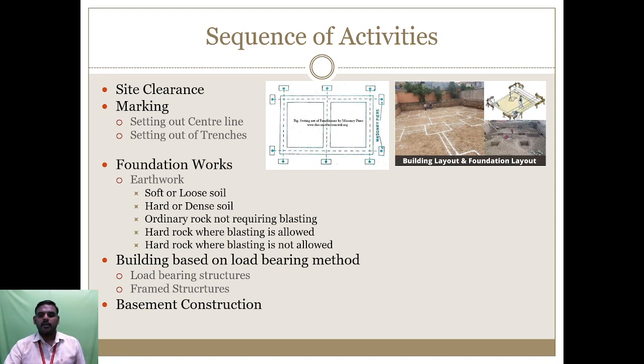While the number of trenches or column foundations is small, we go for the manual excavation method. If the number of column foundations is more, we will go for machinery excavation. So that is based on the number of columns in the plan.